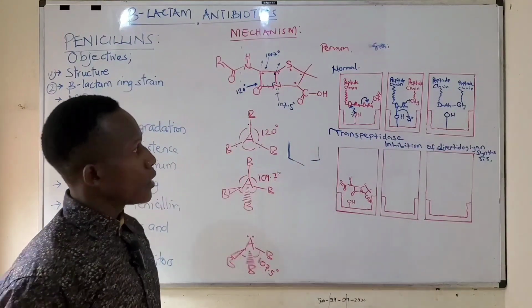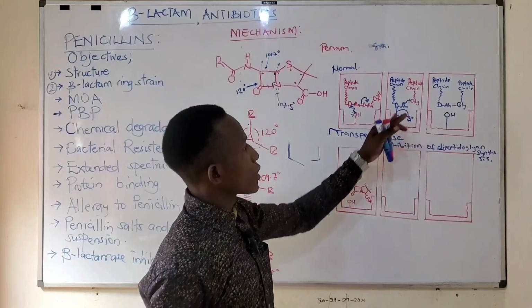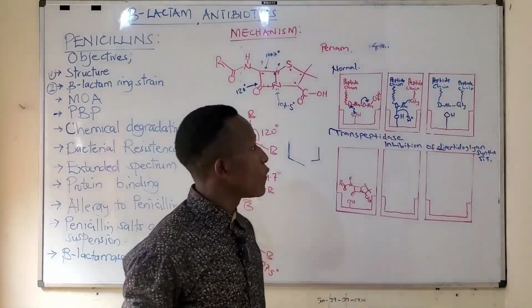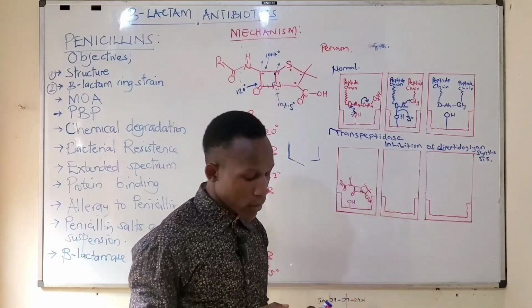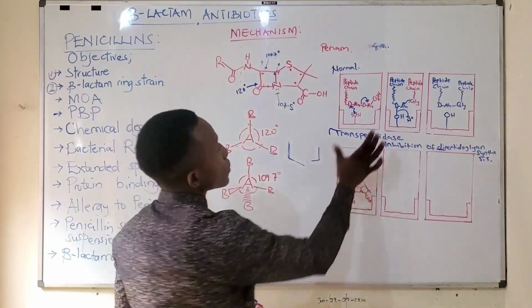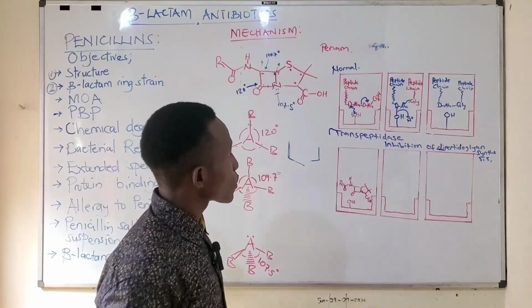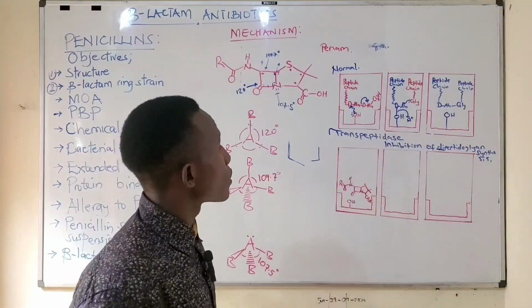So this bond is not permanent, so it keeps on cleaving those D-alanine, forming the dipeptidoglycan. These dipeptidoglycans are the ones which strengthen the cell wall.